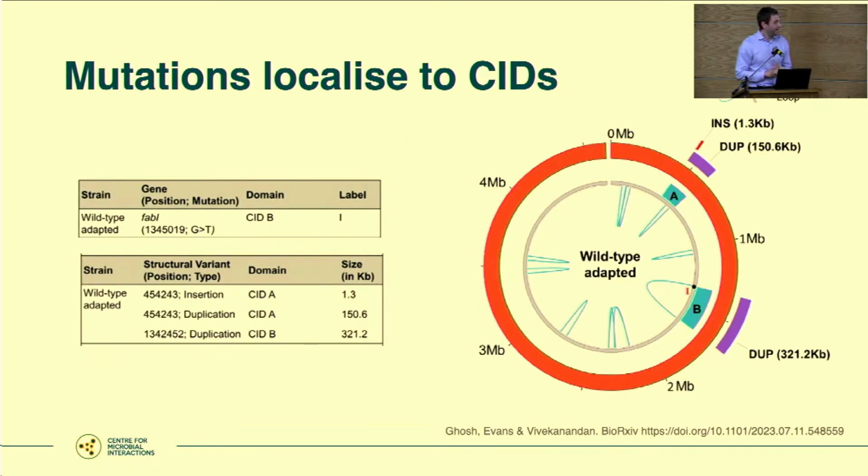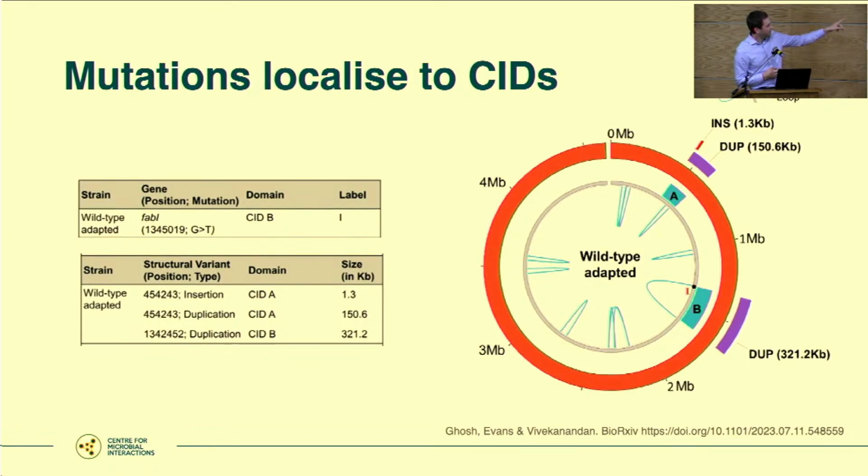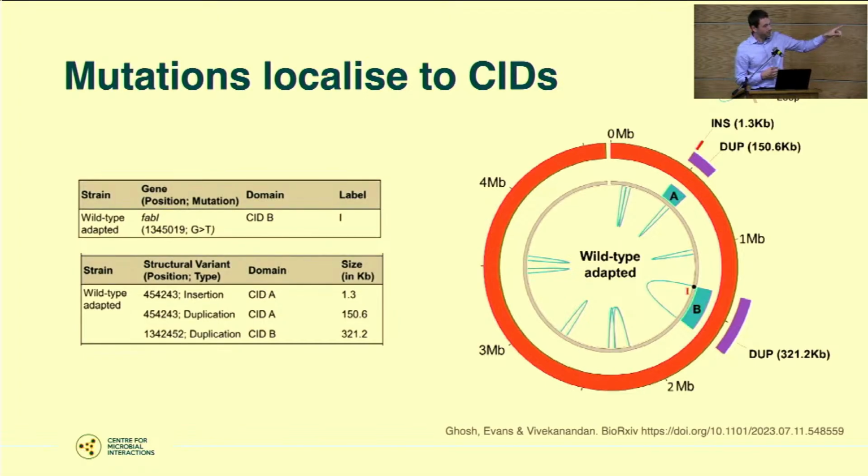Not only that, but when we look at the mutations that happened in these strains, we've got a couple of different types of mutations here. We've got the SNPs in the top bit of the table, and then structural variations, insertions, and duplications. You see that in all cases, they were found within one of these SIDs, and that's shown on the figure on the right there. That's the chromosome, and we've got the duplications in purple on the outside.